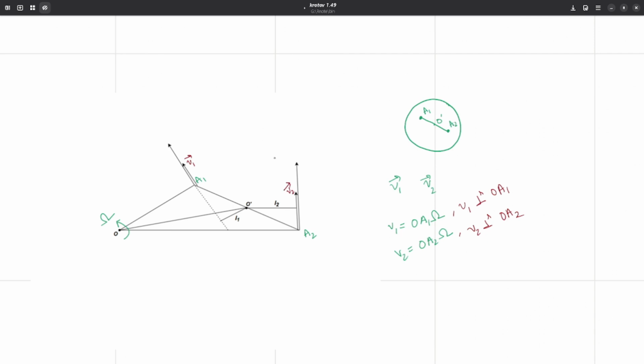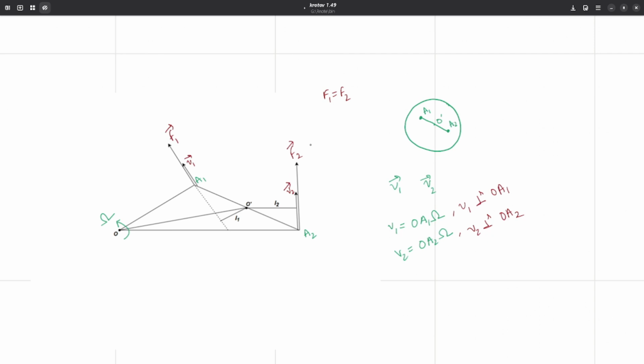As the smaller disk is lowered, the frictional forces will be along the motion of the regions, that is, along the direction of the velocities. Hence F1, the frictional force on A1, is along V1 and the frictional force F2 is along V2. And as the disk is uniform, F1 is equal to F2.